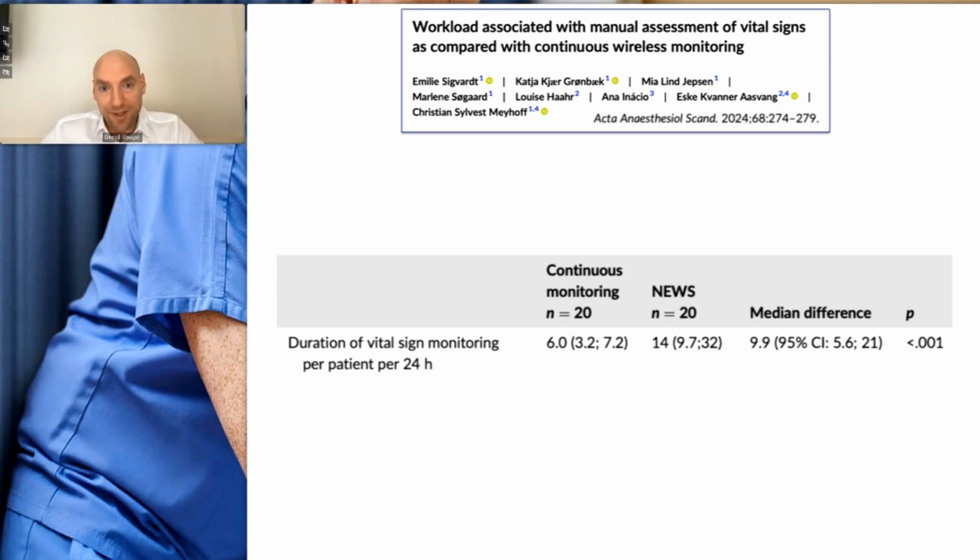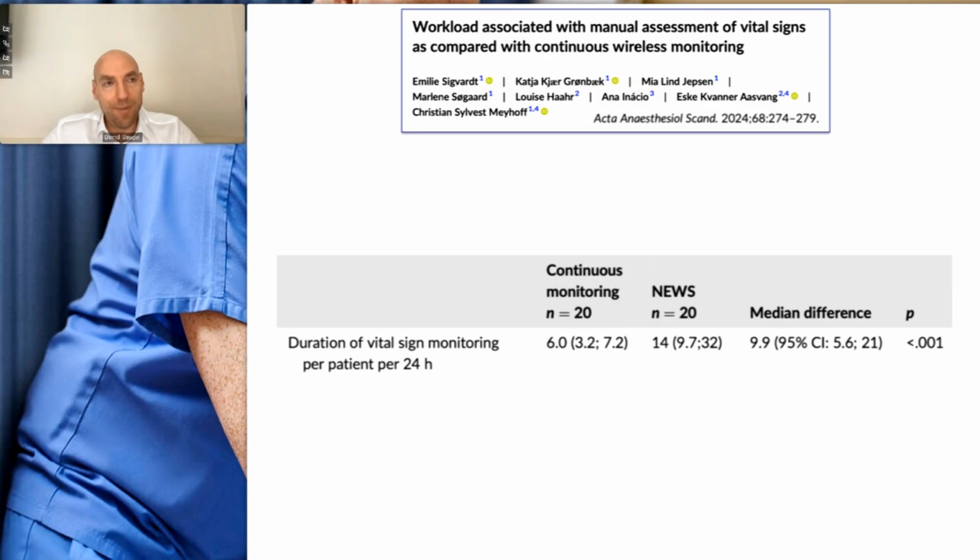There are some data now that show that implementing those systems in routine clinical care can improve outcomes and also can reduce the workload for nurses. So here you can see a very small pilot study, only 40 patients, but it's still important to show because it makes an important point.